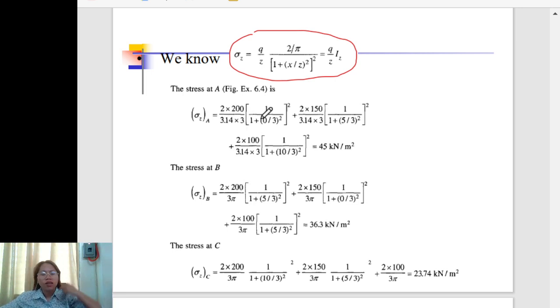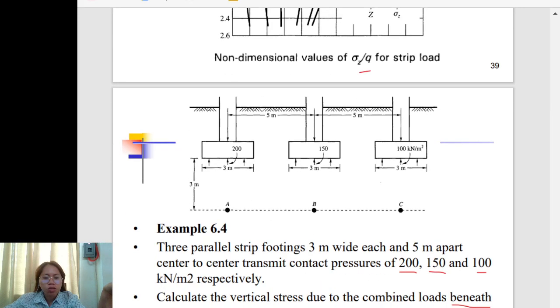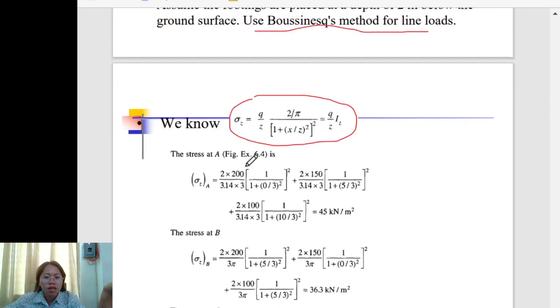the stress at A, combined loads, no? So, 2 times 200, this is the pressure from earlier, 200 kilonewton per square meter for the first footing.